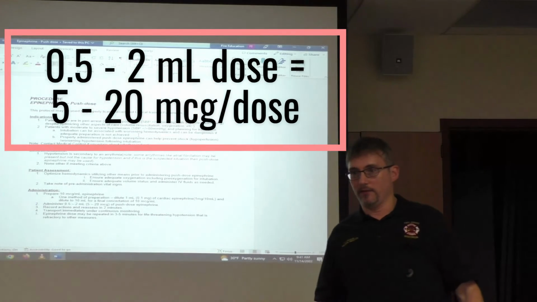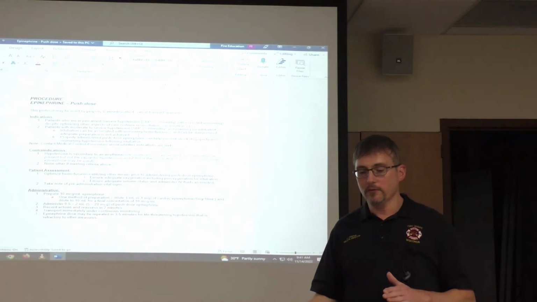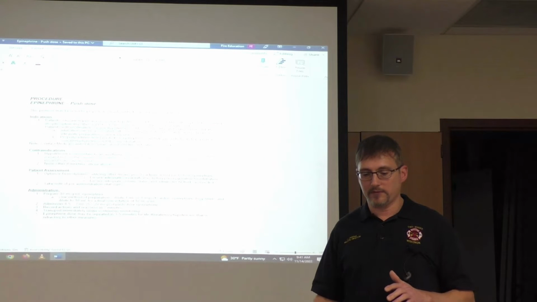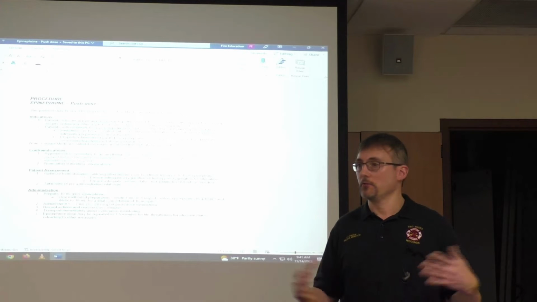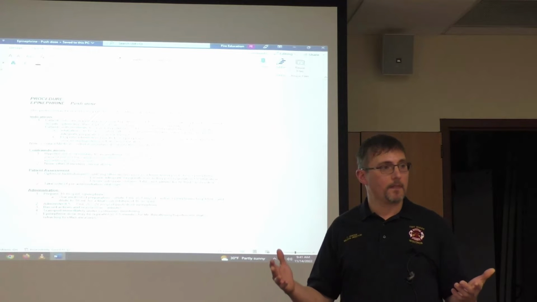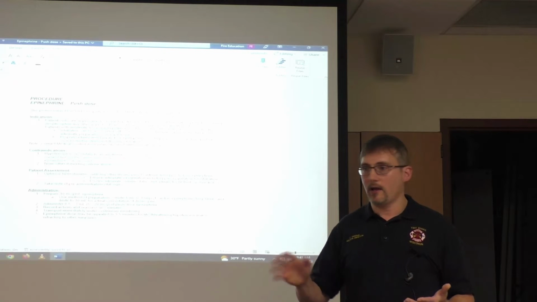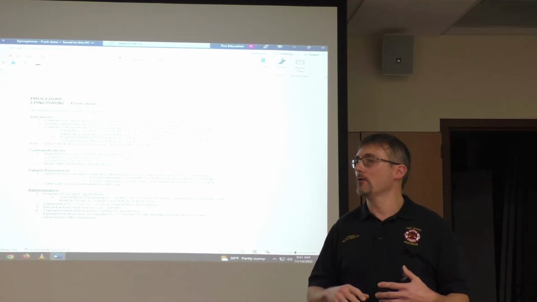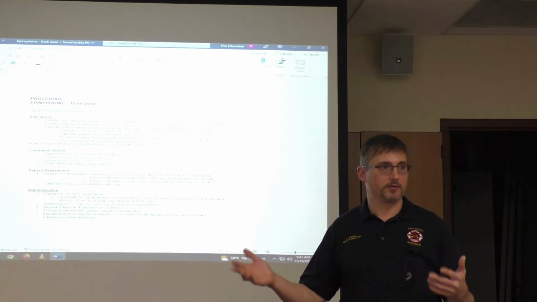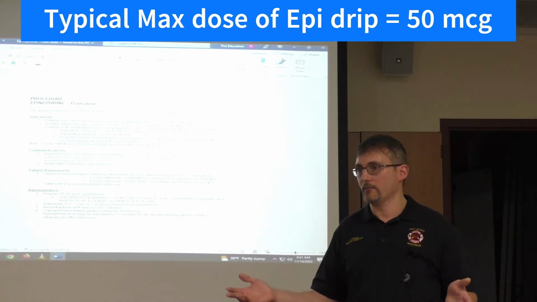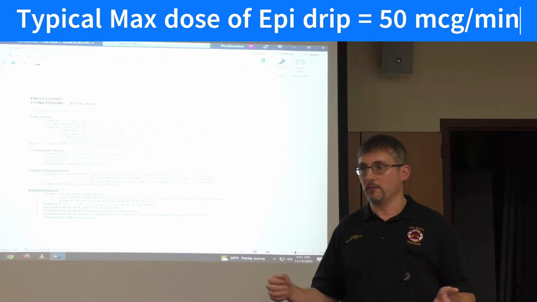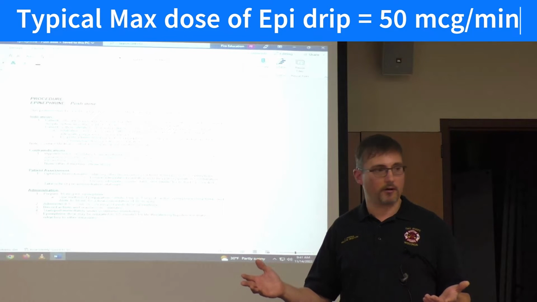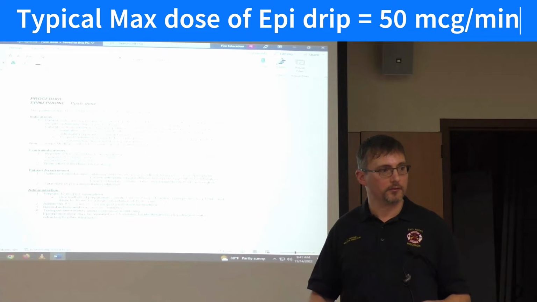And on the flip side of this, if you're going for an interfacility transport and you see somebody who's on an epi drip and you're like, wow, that is a super high dose of epi, you're looking at the high end. There is technically no maximum dose a physician can order for epi, but a pretty high dose would be 50 micrograms per minute.